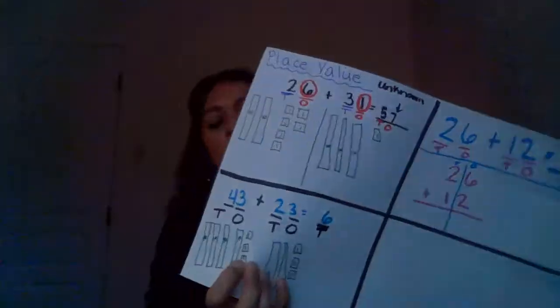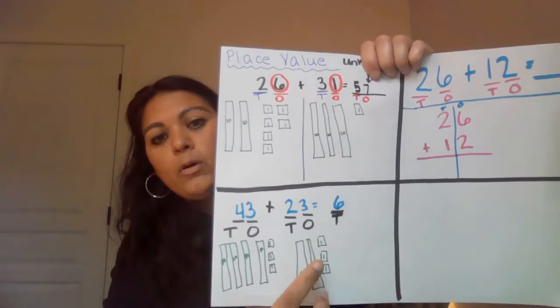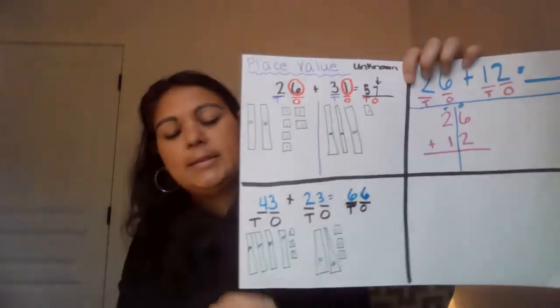Okay. Let's go ahead and count our units or our ones. 3, 4, 5, 6. We have 6 units. So all together, our sum is 66.